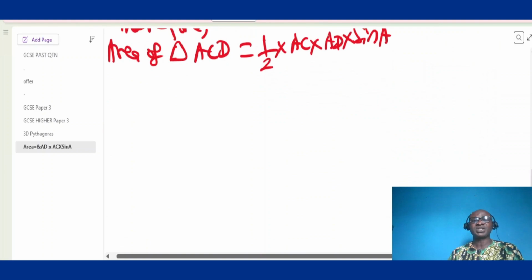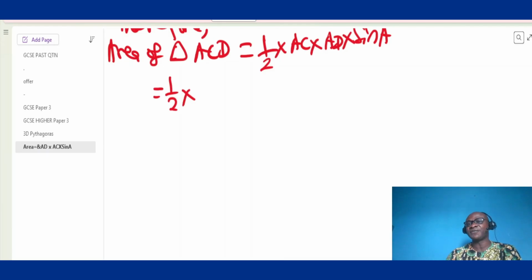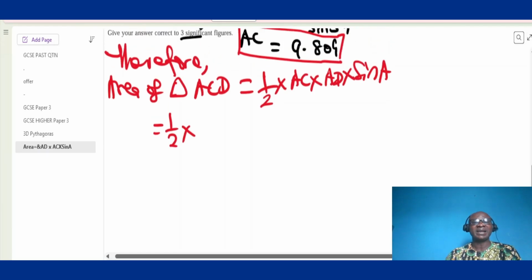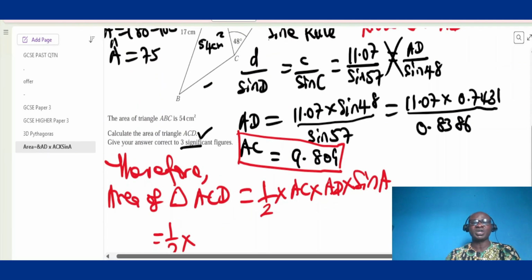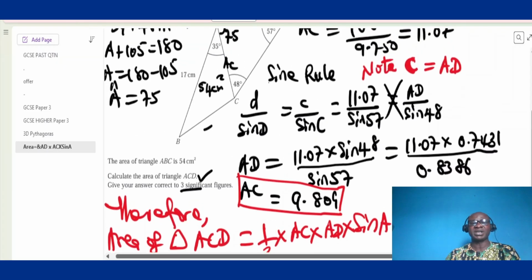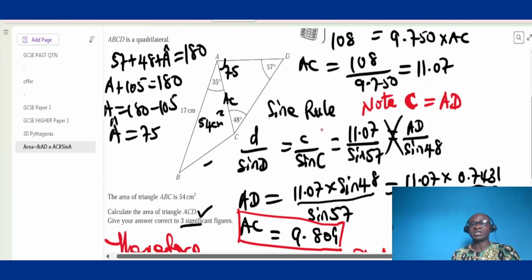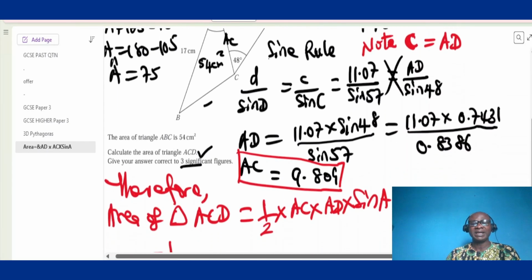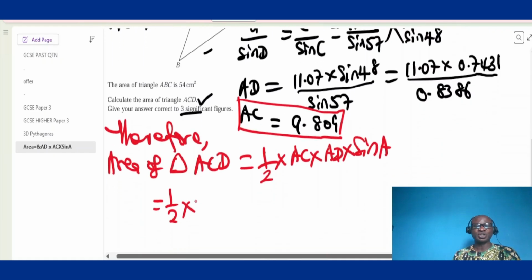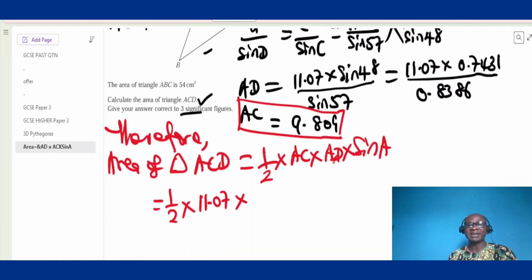So at this point, my area is going to be half multiplied by AC. We got the length of AC earlier, which was 11.07. Look at it, AC. So I'm going to make use of it. Therefore, I bring it down to this place, 11.07, multiplied by AD.